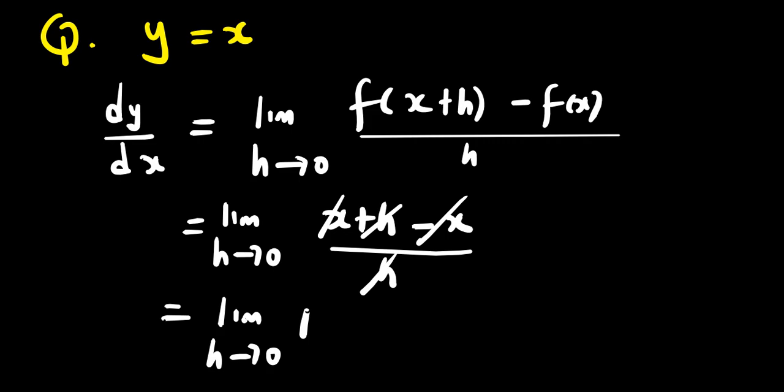Now, what did we say the limit of a constant is? The limit of a constant is just that same constant. That's what we said. Pardon me for that. In this case, it is just 1. So our answer will be 1.